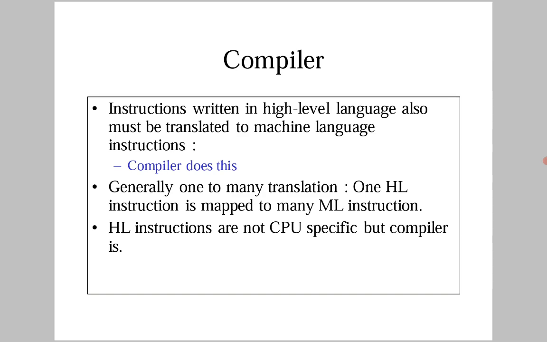But the compiler depends on the processor and hardware or systems used. Generally the compiler depends on the environment or hardware used by the system, meaning different compilers are used for different versions of operating systems and different types of hardware environments.